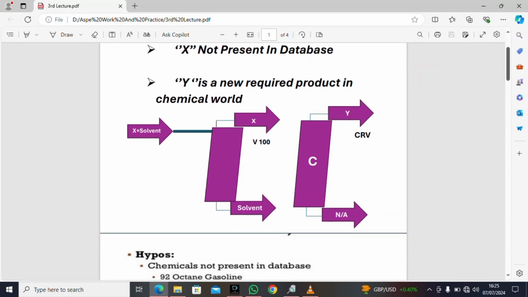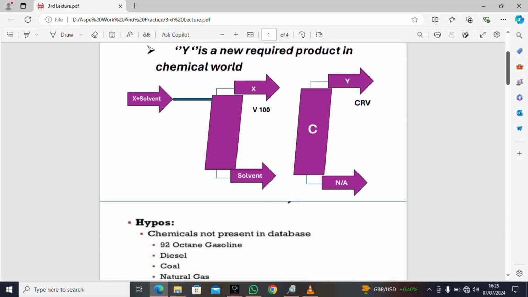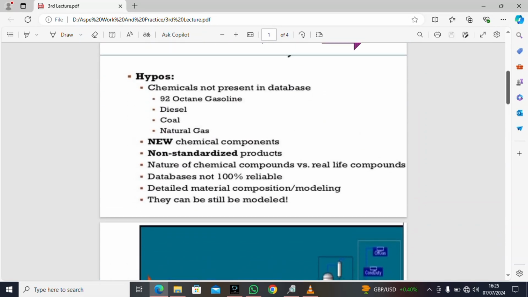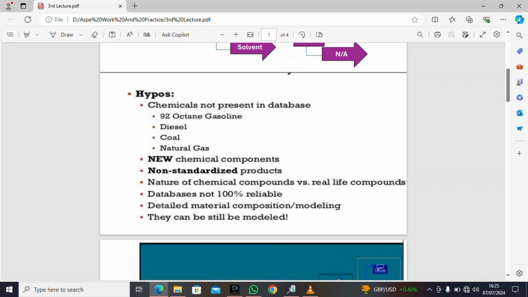Okay, let's move forward. Here is an example of hypos, which are not present in our database. Gasoline, a product of octanes, is actually a mixture of plenty of hydrocarbons, as are diesel and coal, which is a solid. Coal is not only carbon atoms; it contains plenty of other materials.